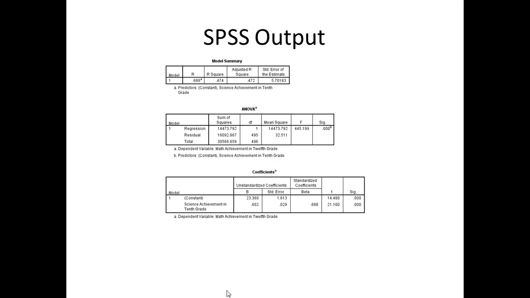Three different tables that we just described for you. We get a model summary, which is our coefficient. It will generate an Anova to tell us if our regression line is good, and then it will actually tell us the coefficients that go into our predictive equation.